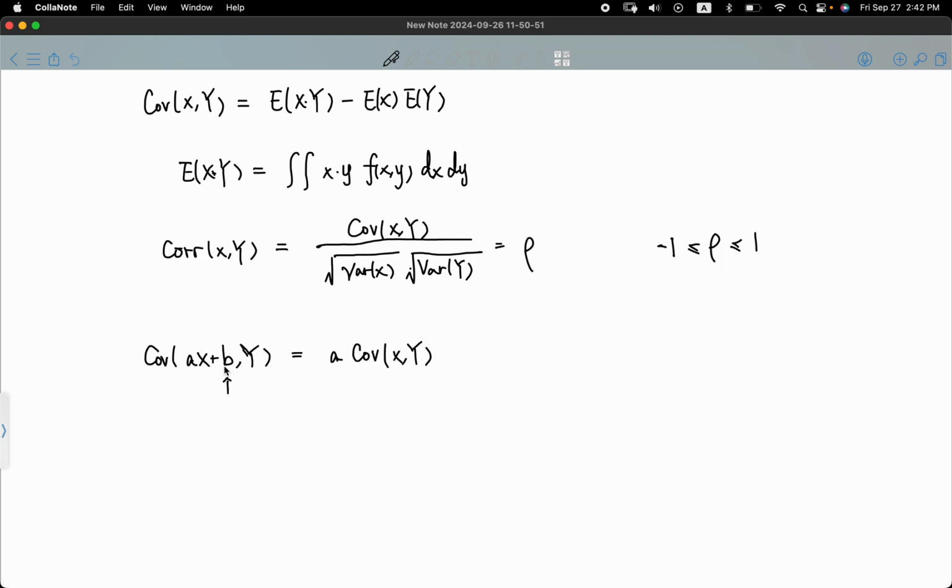When you shift a random variable by a particular constant, it will not change its covariance or its variance, because the variance is just how spread out the random variable is in the probability distribution. If you just shift all the variables by an amount b, the variance does not change, although the mean or the expected value will change. And later we'll talk more about that. Yeah, but that is the case here.